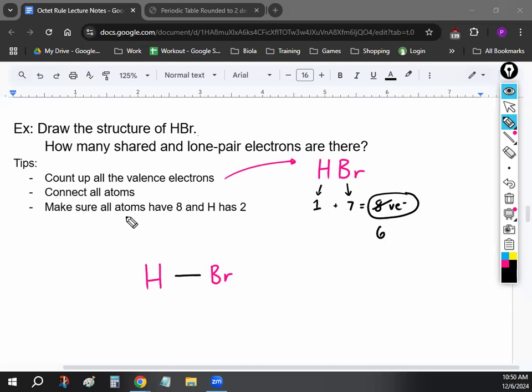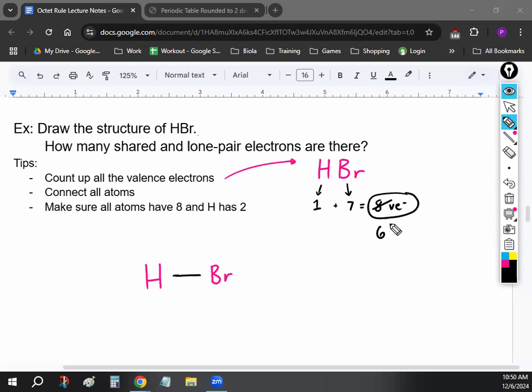And we just want to make sure after that we draw some dots or lines so that all the elements have 8 and hydrogen has 2. So if we take a look at hydrogen, hydrogen has a line next to it, right? What that means is hydrogen has 2 electrons. So hydrogen is happy. We don't need to do anything else to hydrogen. But if we take a look at bromine, how many electrons does bromine have right now? 2, because it has a line next to it. So that means it still wants to get to 8.